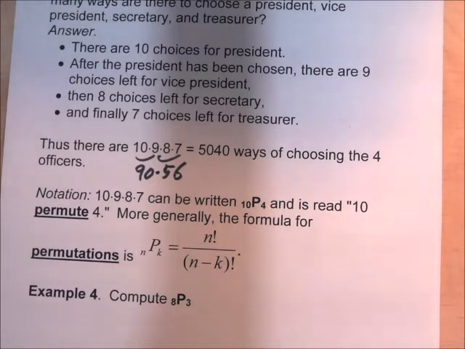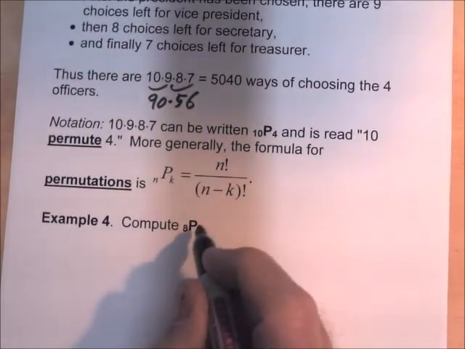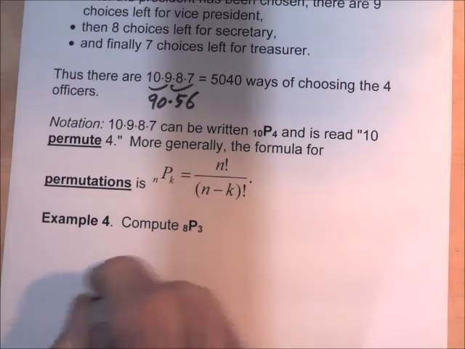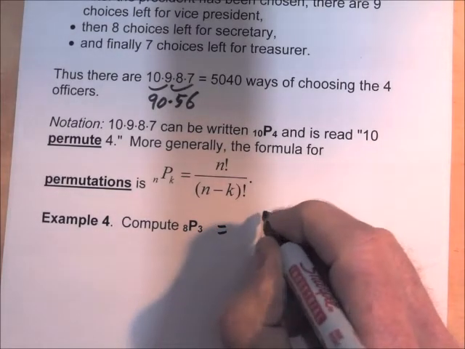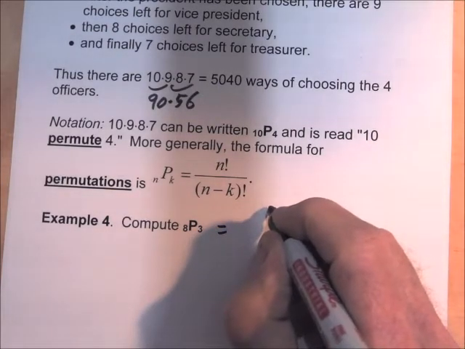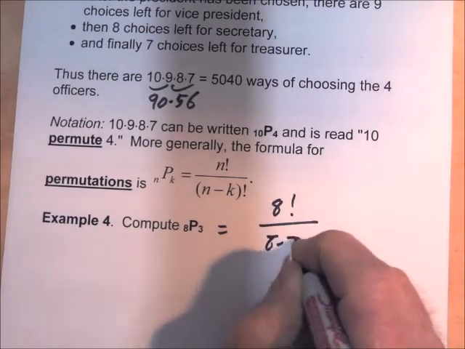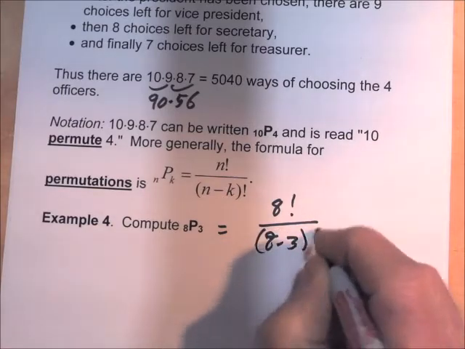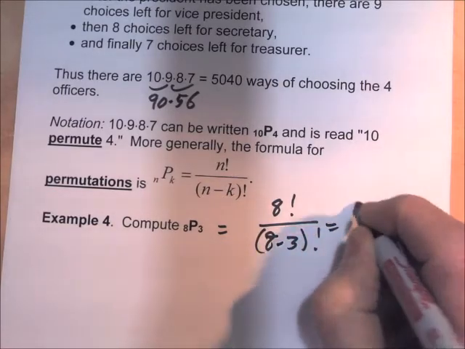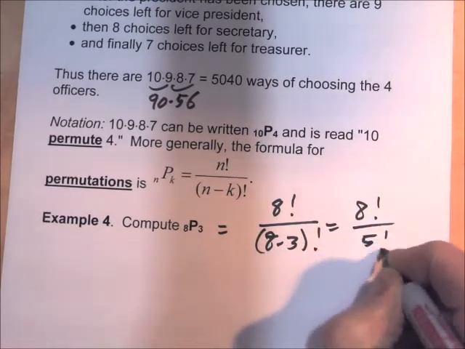So for example, if we want to compute 8 permute 3, that's equal to 8 factorial over 8 minus 3 factorial. 8 minus 3 is 5, so it's 8 factorial over 5 factorial.